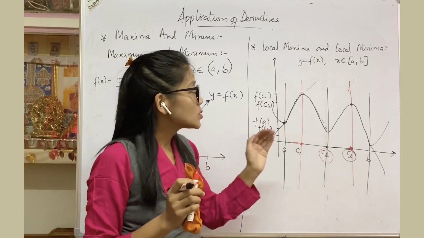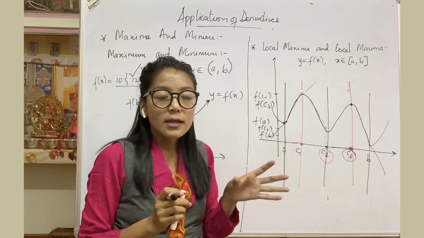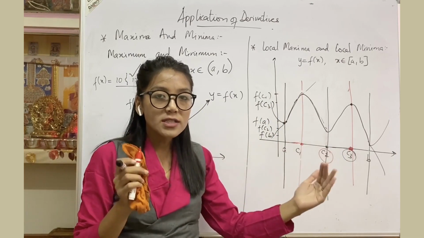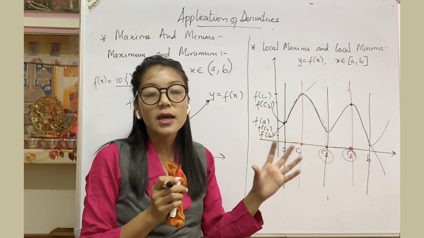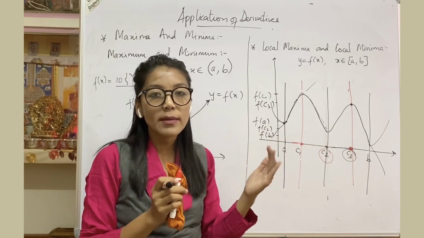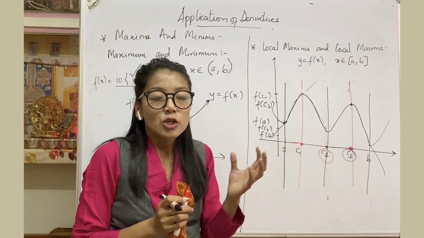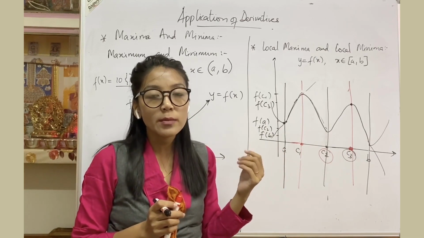Whereas when we are talking about local maxima and local minima, you are dividing the given whole interval into sub-intervals, and in each sub-interval you are checking the maximum and minimum value of the function, which we call local maxima and local minima. So a function can have more than one local maxima and local minima value.